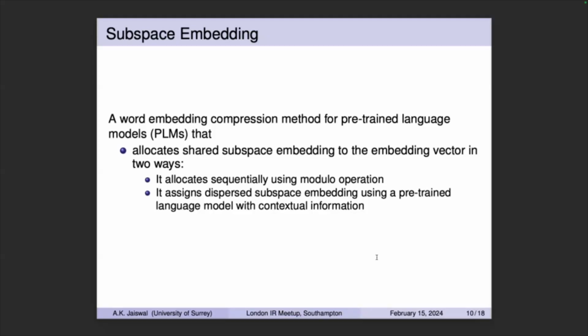What we're doing here is we retain the information after splitting or partitioning the embedding, and we use 2 algorithms. First, we perform a modulo operation to sequentially allocate the tokens in the embedding splits.